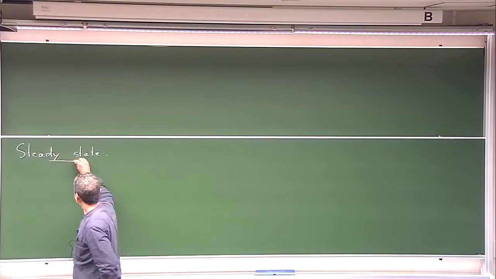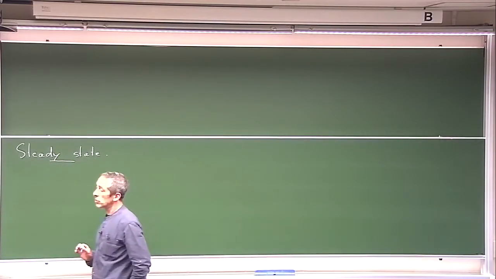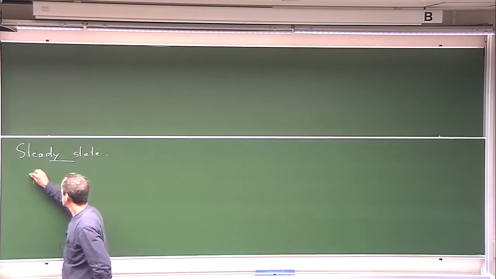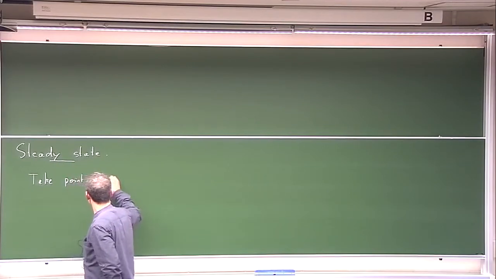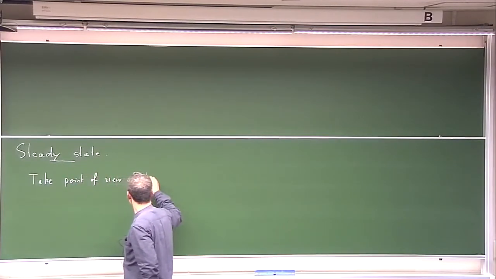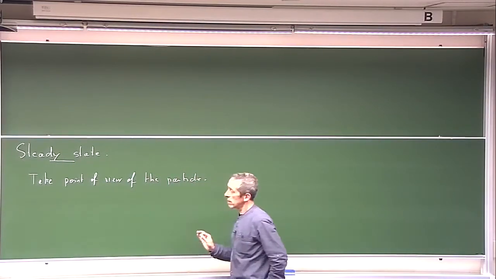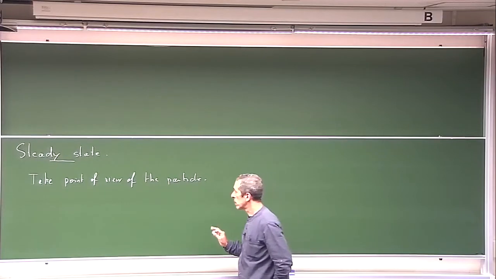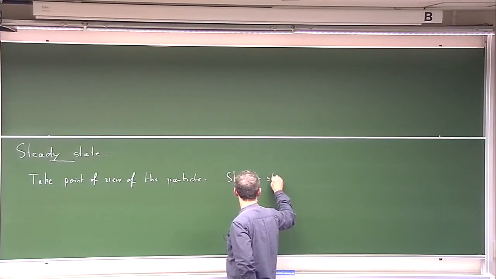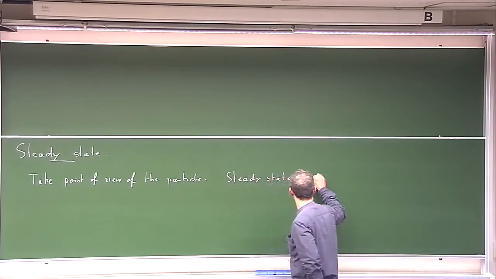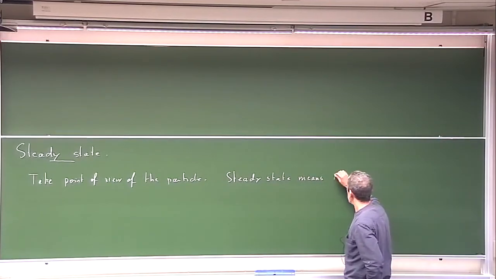So the first thing is we take the point of view of the particle. And a steady state is an invariant measure for that process. So with the point of view of the particle, steady state means, it doesn't quite mean, but a steady state will be an invariant probability measure.